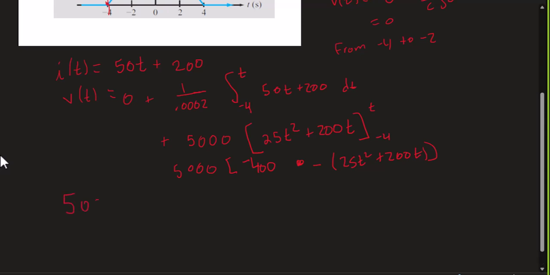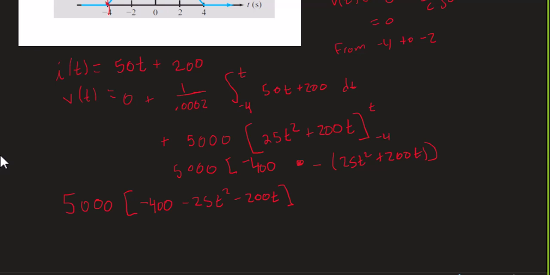So this is 5,000 times negative 400 minus 25t squared minus 200t. And you can multiply that through if you want.